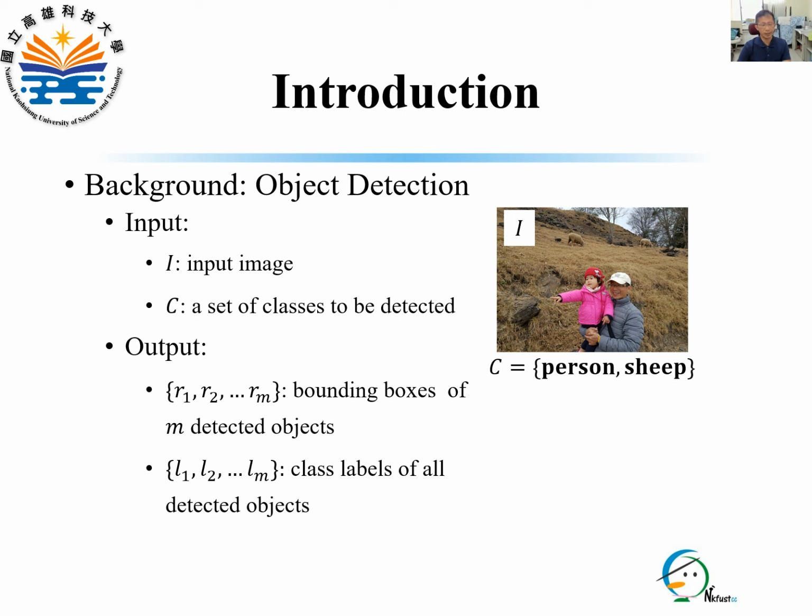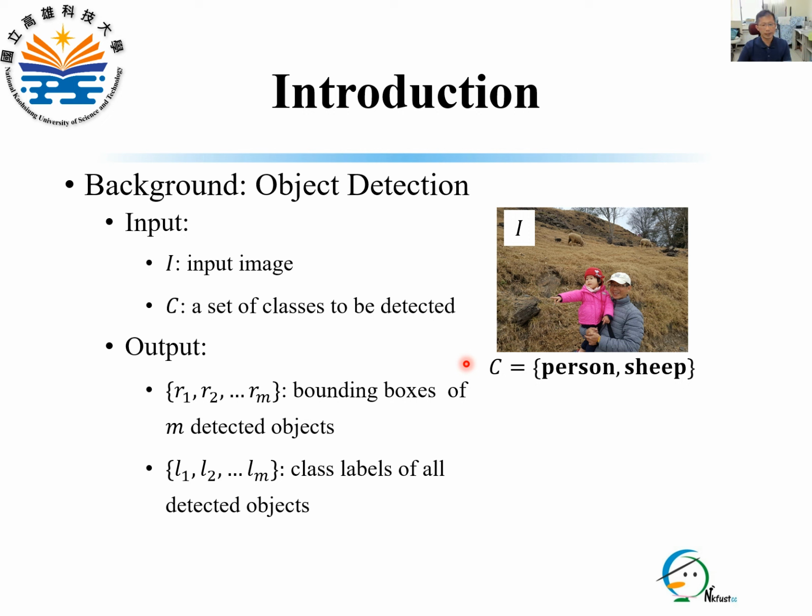Detecting objects in an image is an important topic in computer vision. So, what is object detection? Given an image I and a set of object classes to be detected, the object detection is to output the bounding boxes of all detected objects and their object classes respectively.